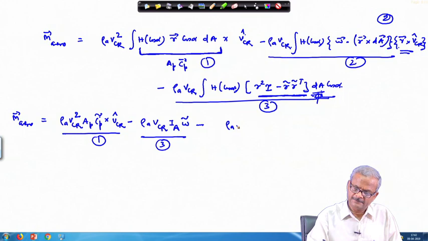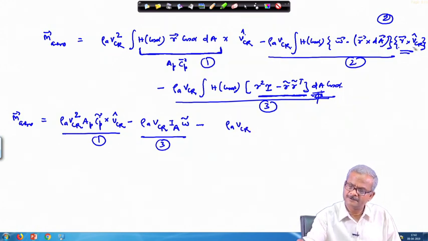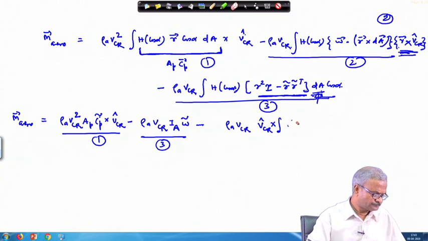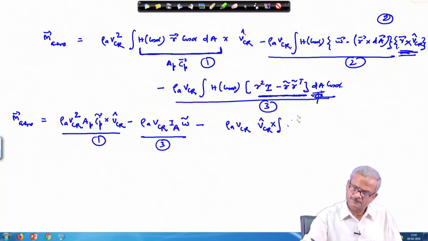In the second term we require a little bit of treatment, like this is a scalar, so we can move it anywhere, and we reverse the order of this and write it like this, V_CR cap. And the cross sign can be taken outside, and this becomes R. So, this is h cos alpha first, and then for this the R will appear.